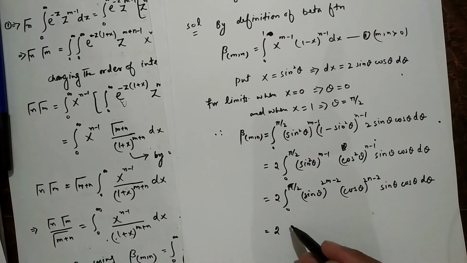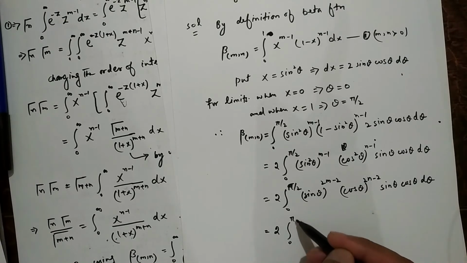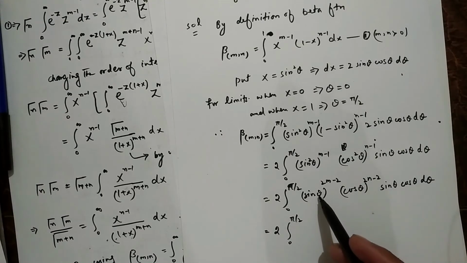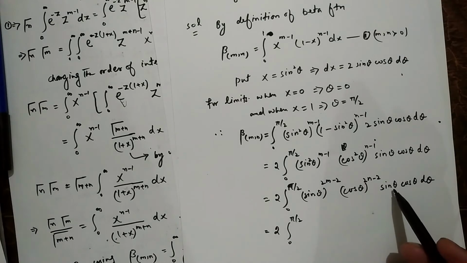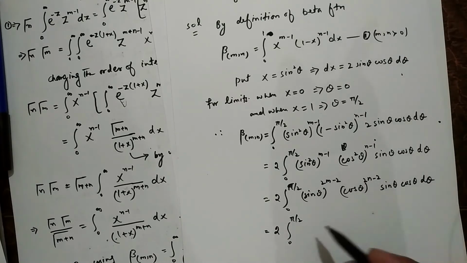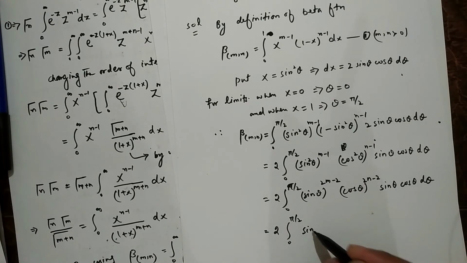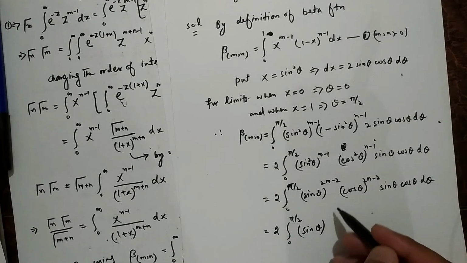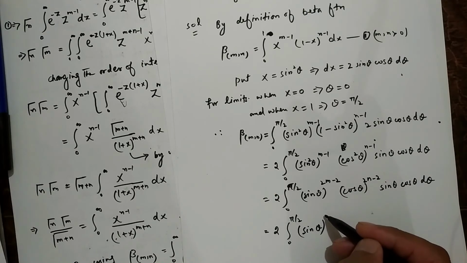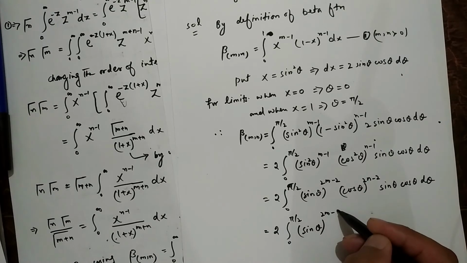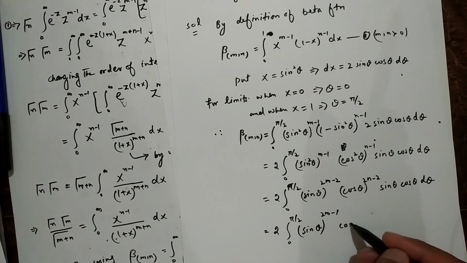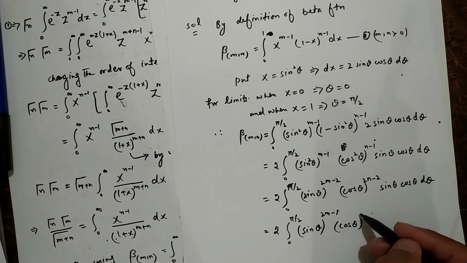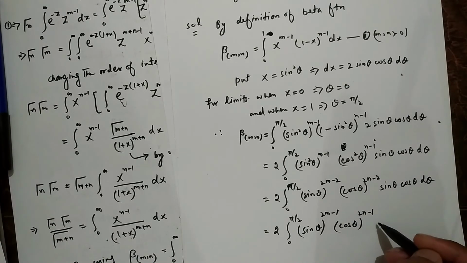Now this will be equal to 2 times integral from 0 to pi upon 2. Here we have sine of theta and here we have sine of theta, so their powers will be added, so it will be sine of theta to the power 2m minus 1, and cos of theta to the power 2n minus 1 d theta.